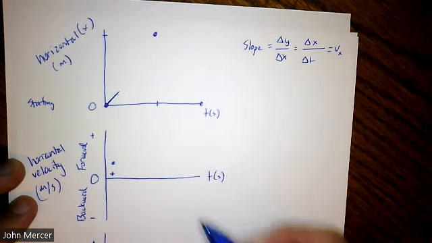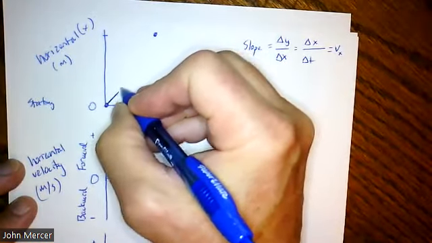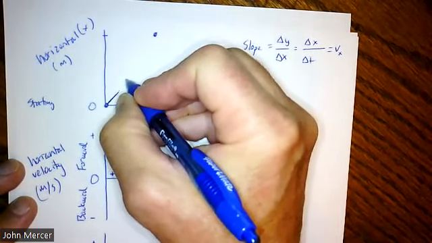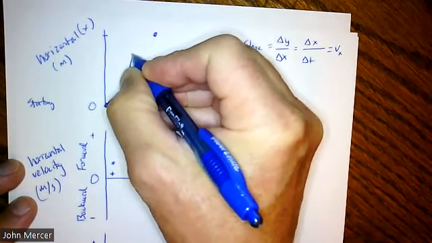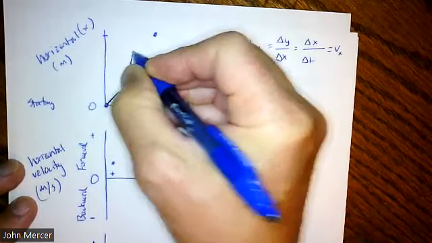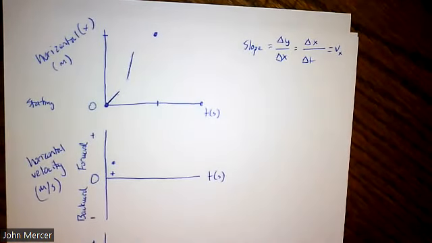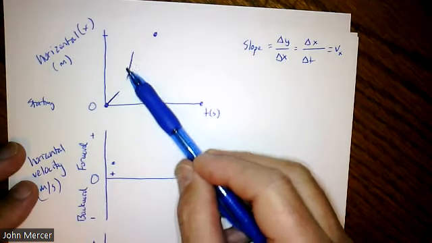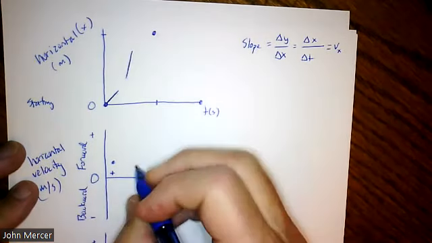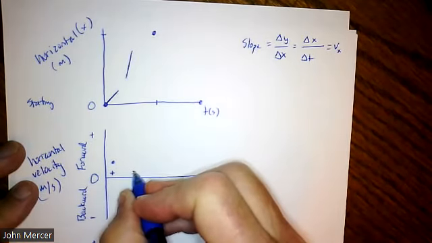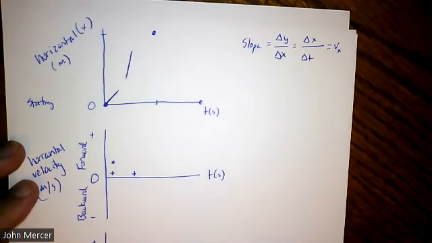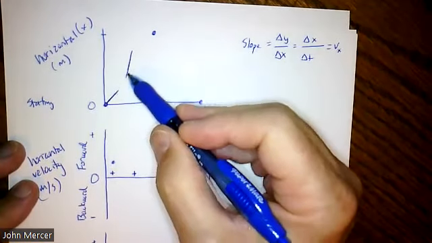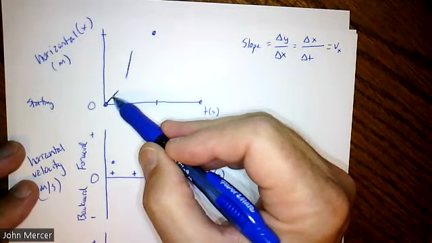Okay, well, let's continue. Now let's say after this point, and I'm going to again exaggerate a bit here, I'm going to do like this. This is the second phase that we're interested in. Well, again, what do we know about velocity just by looking at the graph? Well, one is that's a positive slope. So we know velocity is going to be positive. The person's moving forwards. What else do we know? Well, we know that is steeper than that one.